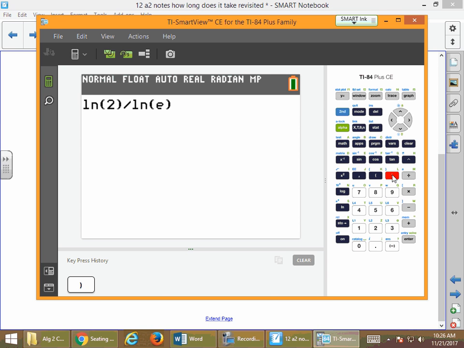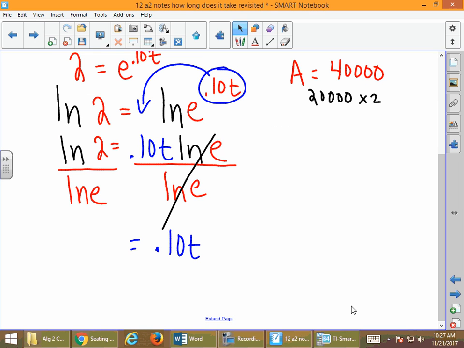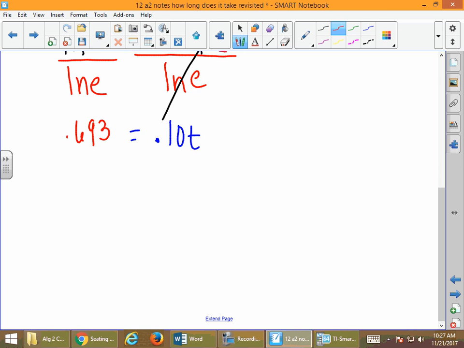Once again, in the Nspire, your calculator automatically comes up with e to an exponent. You have to fill in the 1 as an exponent. So once we get that, here comes our number. Just going to write down 0.693. We're not going to round. We're going to leave that number in our calculator. So 0.693 here. And then it's 0.10 times t. So we're going to divide by 0.10.